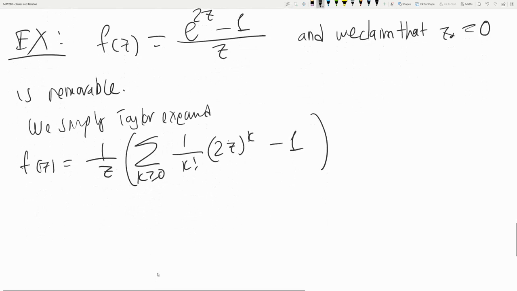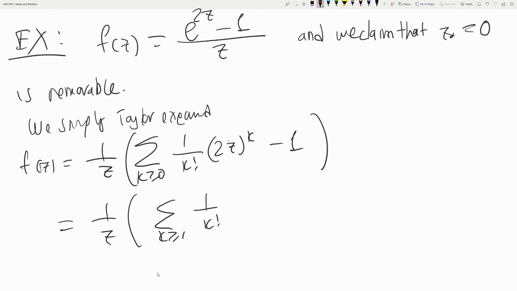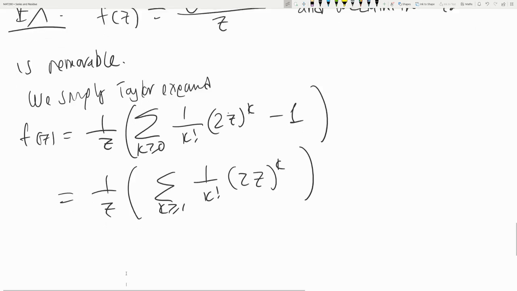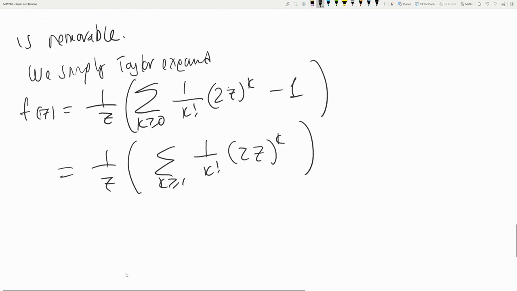The 0 term disappears, so it starts from 1. Let's bring in the z, so z to the k minus 1.